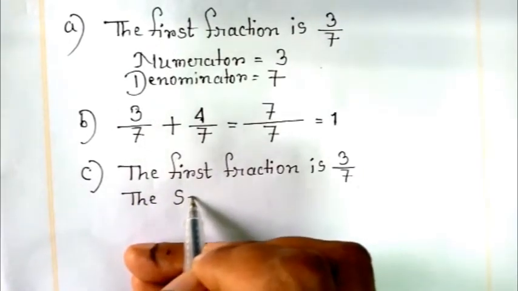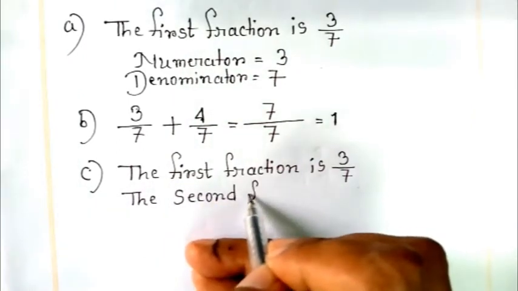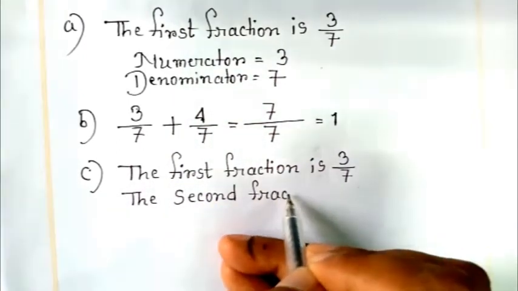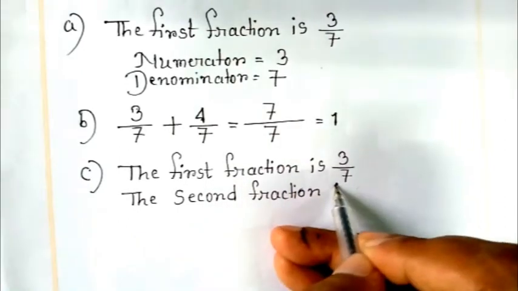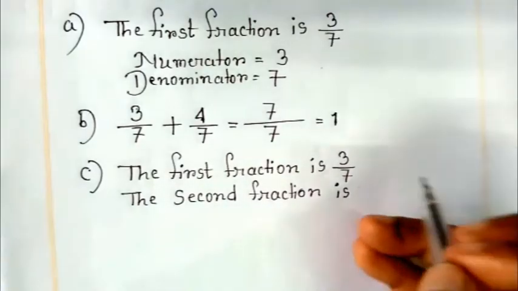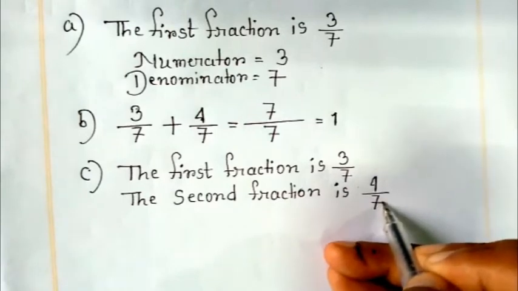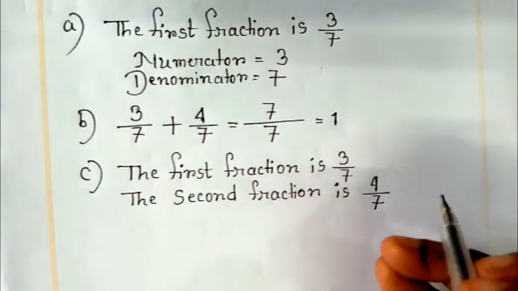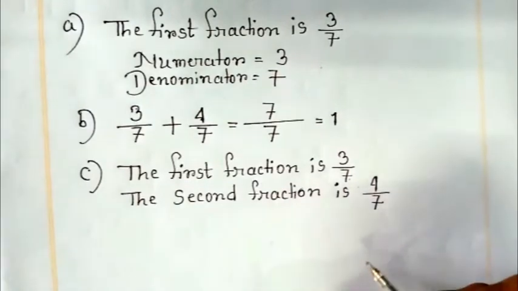The second fraction is 4/7. Now subtract 3/7 from 4/7.